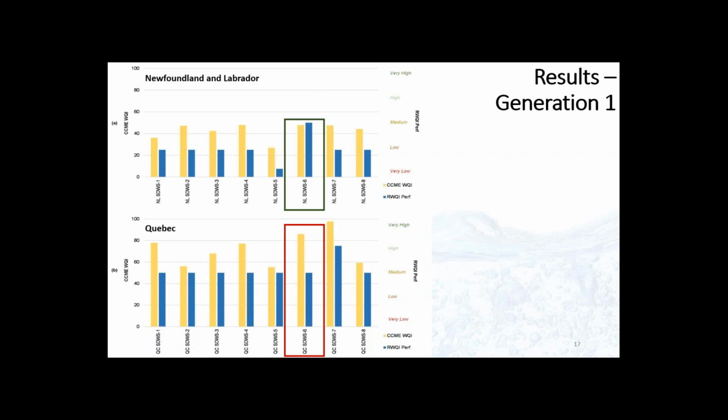Moving on to the results, this graph shows the CCME Water Quality Index results in yellow and the proposed framework, the RWQI framework, in blue, with the top of the graph representing the 8 sites from Newfoundland and Labrador and the bottom representing 8 sites from Quebec. As you can see in the green box above, some utilities show little differences between the approaches.